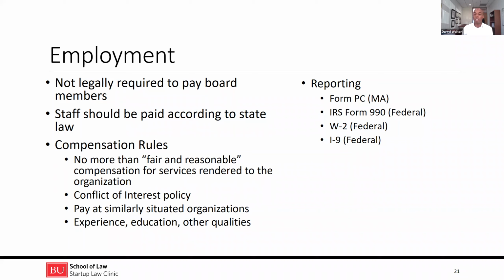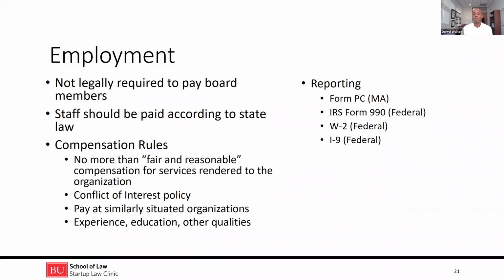So when you're thinking about compensation rules, because again, we're thinking about this as operating for the public benefit, the public doesn't want to see people getting paid crazy salaries. So compensation really should be no more than fair and reasonable compensation for services rendered.